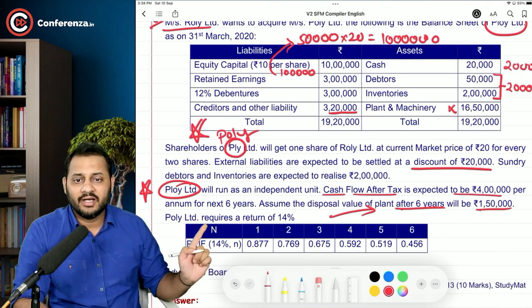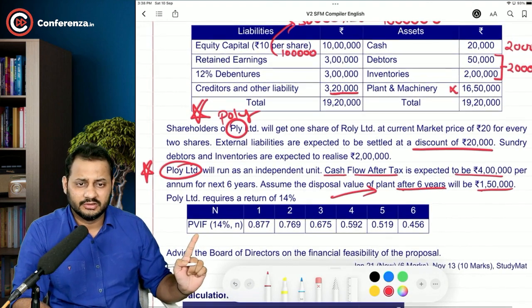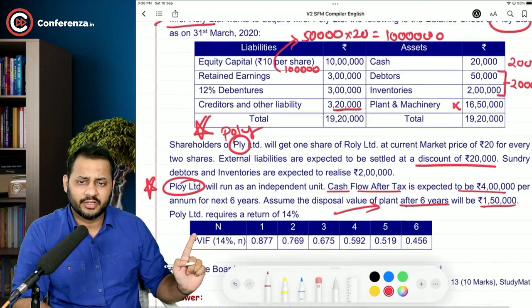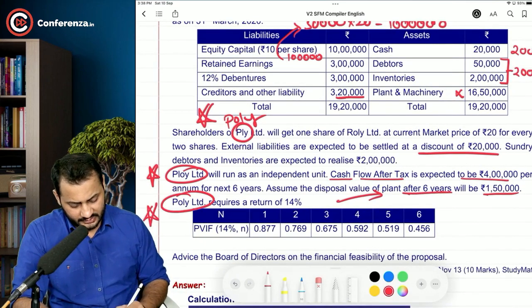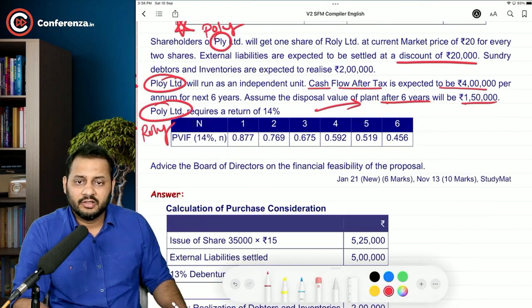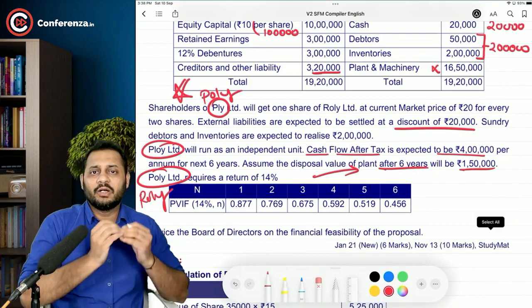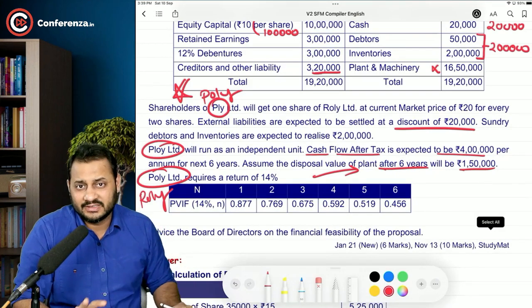Poly Limited requires a return of 14% at this rate. I think Rolly Limited should require the return at this rate. I will just confirm that once again. It should be Rolly. Advise the board of directors on the financial feasibility of the proposal. It's very simple, sir. How much you are paying to buy the company and how much extra you are getting. That's it.